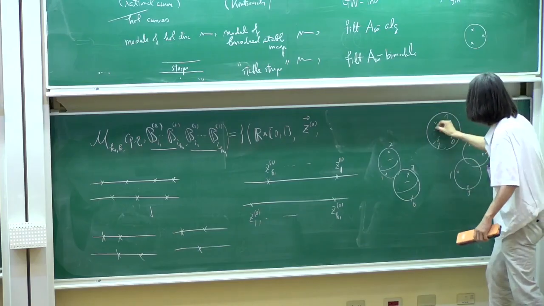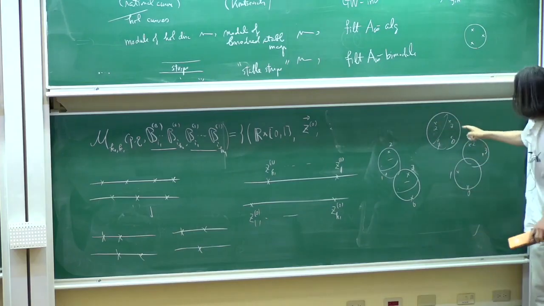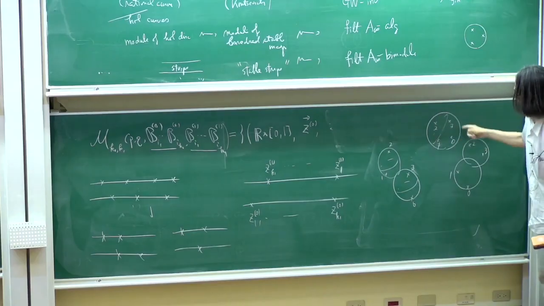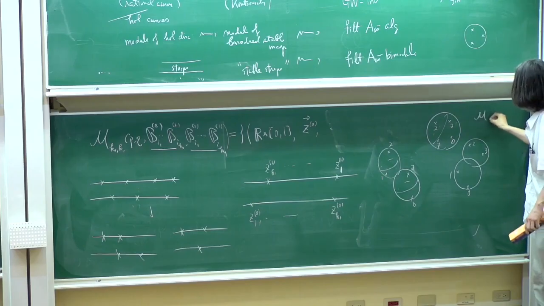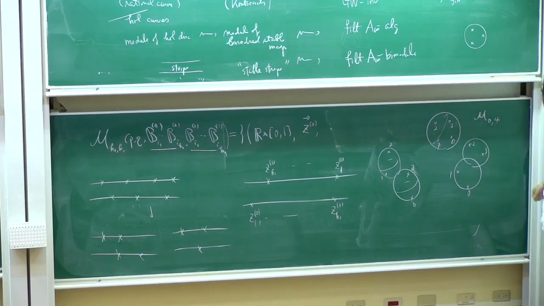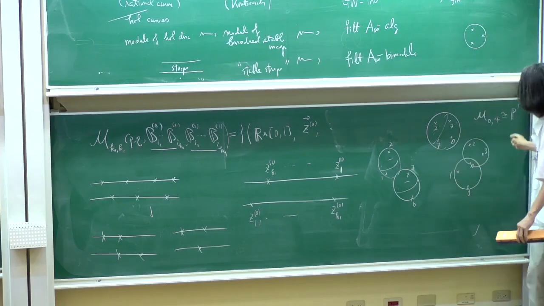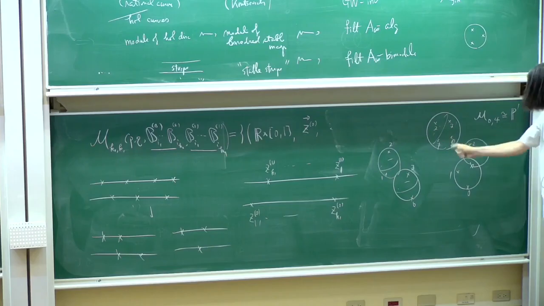So you have 4 points on P1, and this is M04, which is actually isomorphic to P1, and these two are 2 degenerations of this, I mean 2 special points of this.